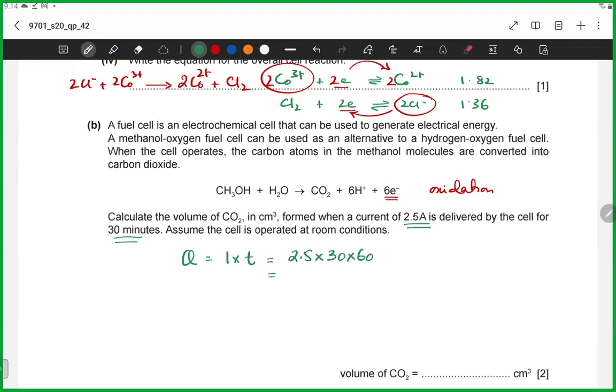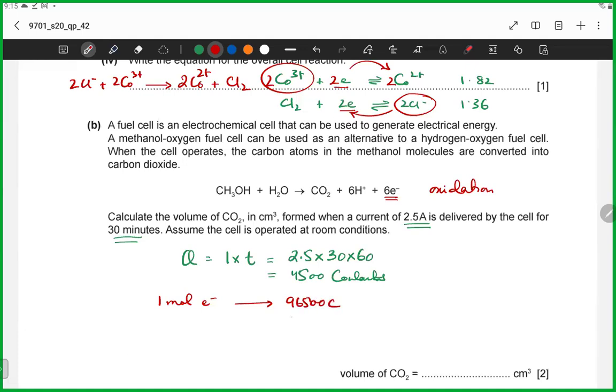So what do we get? 2.5 times 30 times 60, 4,500 coulombs, right? Then we're going to use the Faraday constant to convert that into moles, because we know that according to the Faraday constant, which is 96,500, 1 mole of electrons in total has a charge of 96,500 coulombs, right?